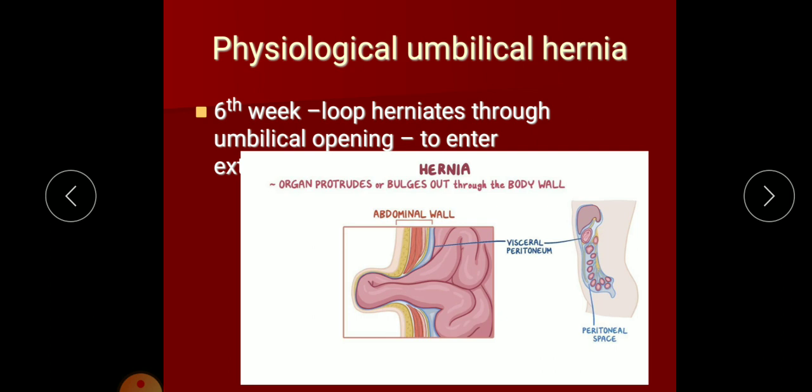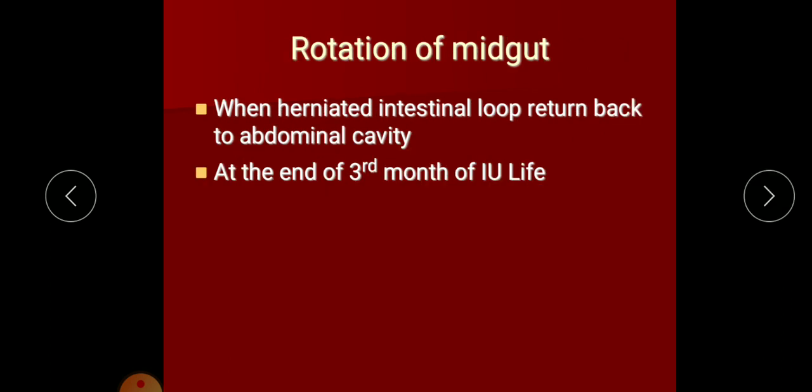So at the 6th week, you find the herniation of the contents towards the exterior. Not exterior, just outside the abdomen, but well within the cord, in the extraembryonic coelom. This is occurring in the 6th week of intrauterine life.